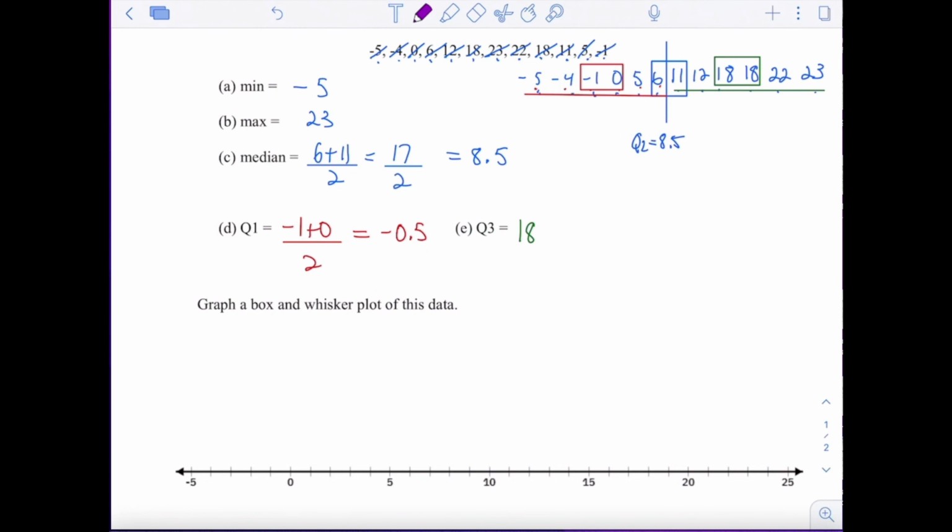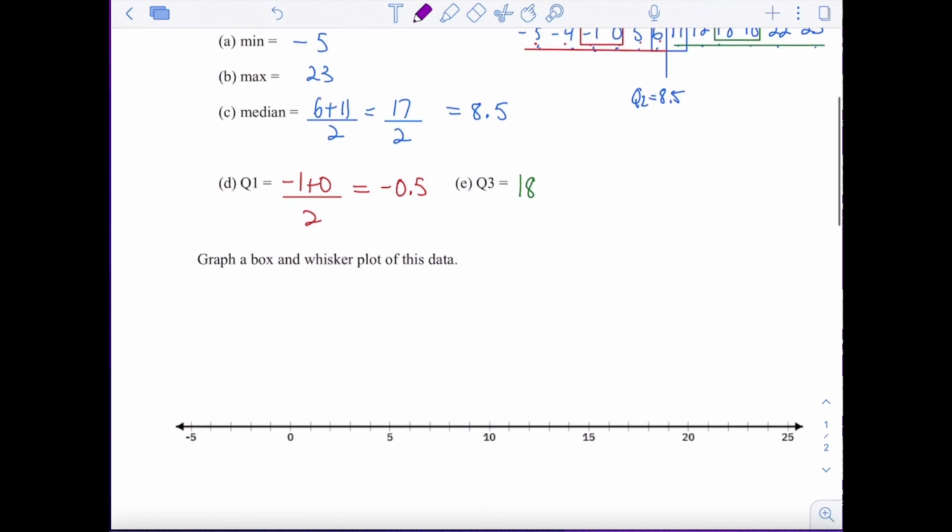So the way I do this is I draw a line at the min, a line at the max, which would be here. Okay, and then I'm going to draw bigger lines at the median, which is 8.5. So roughly here, 8.5.